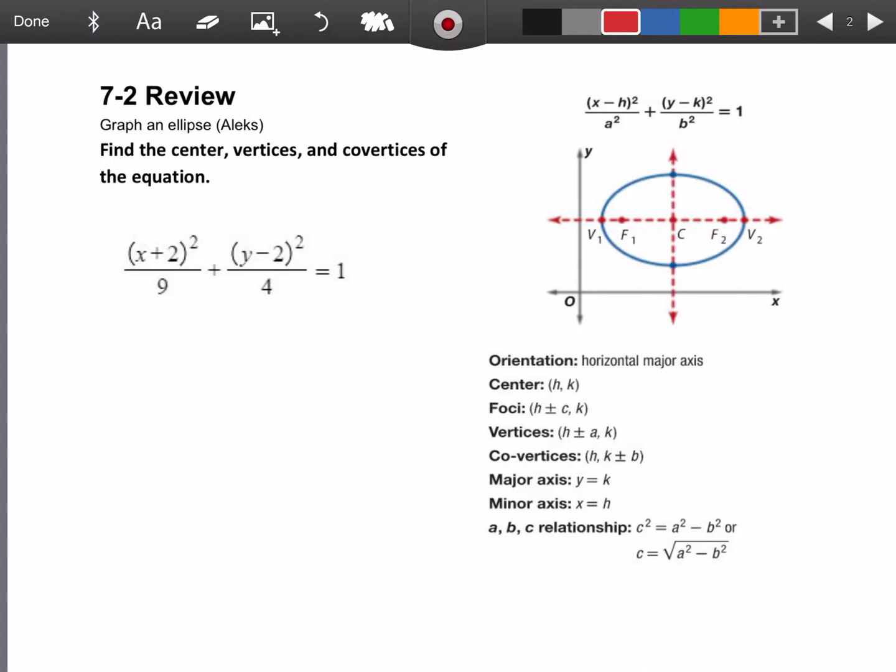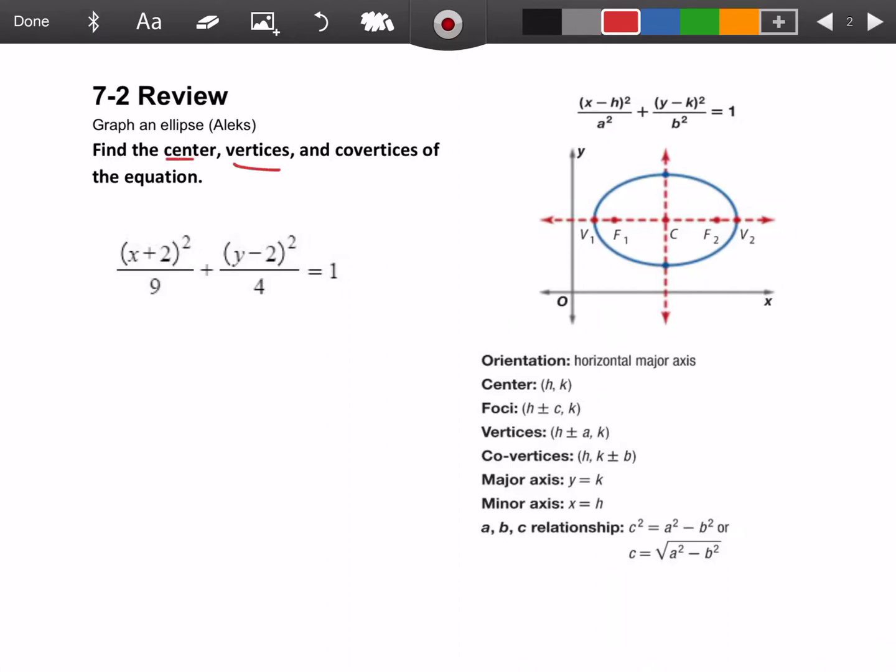Another example, so if we were to graph this in Alex, we just need to find the center, the vertices, and the co-vertices. So in this case, we would just need H, K, A, and B. We wouldn't need C in this case because C is just for the foci.